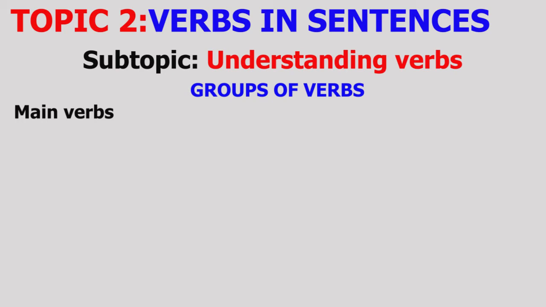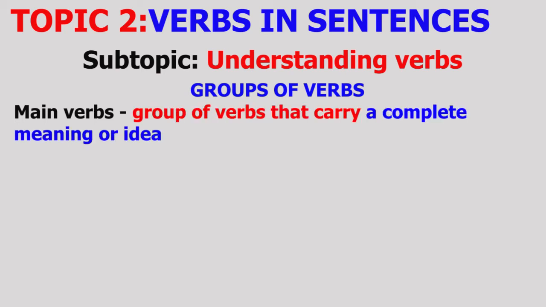If we are speaking of main verbs, this is the group of verbs that carry a complete meaning or idea in a sentence. You can look at these sentences as your examples.